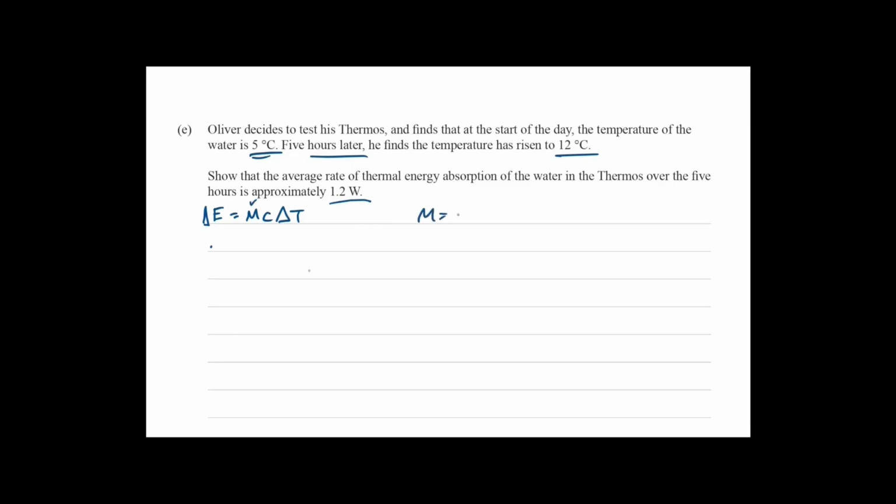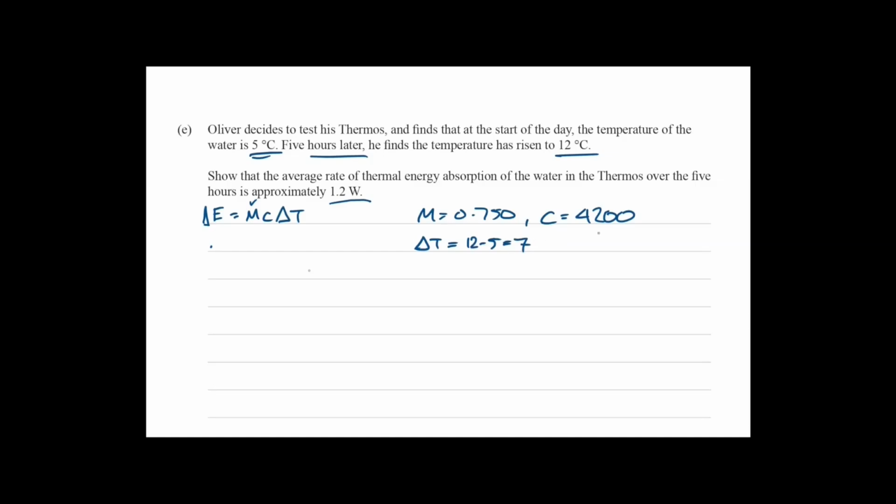So the mass is 0.750 kg. We know that the specific heat capacity is given as 4,200 joules per kilogram per degree, and the change in temperature, remember we don't really care which direction it's going, we're going to use the same amount of energy, is going to be 12 minus 5, so it's going to be 7 degrees Celsius.